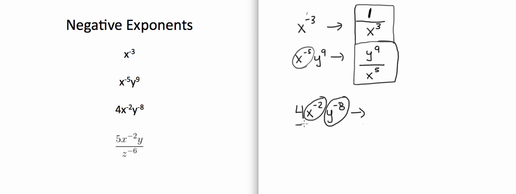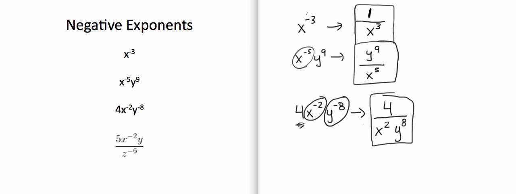The 4 has no negative exponent, therefore it's going to stay on top. What moves is the x to the negative 2, it moves down to the bottom and becomes x squared. The y to the negative 8 comes down to the bottom and becomes y to the 8th. Okay, and then this becomes our final answer.